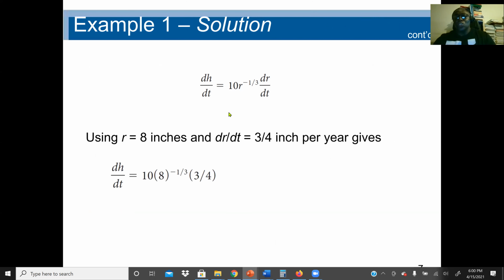So now we know the radius is 8. The question gave us that the radius is 8, so we are going to use r equals 8 inches. Then dr/dt will give me 3/4 inch per year. These two values are given in the question. Let's go back to the question.